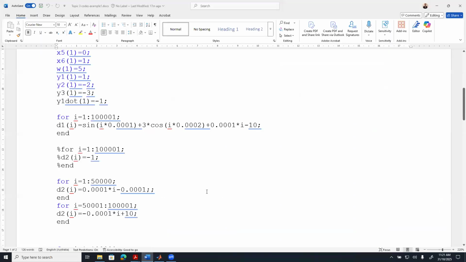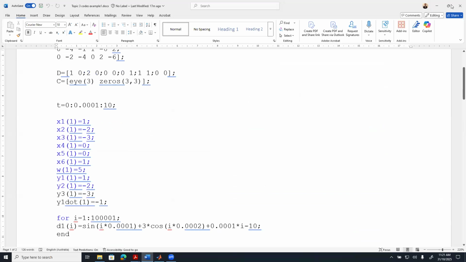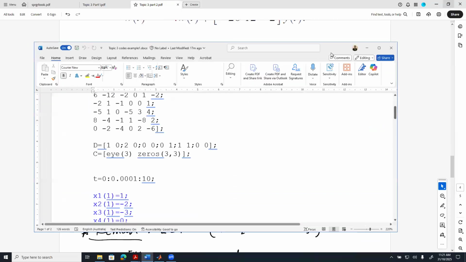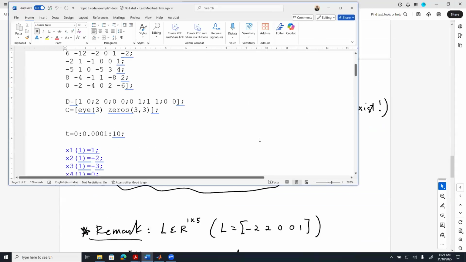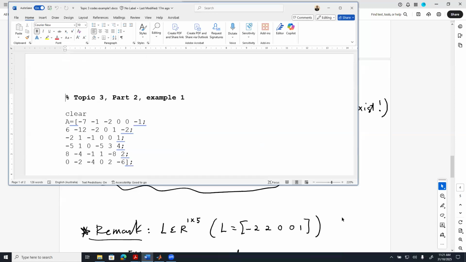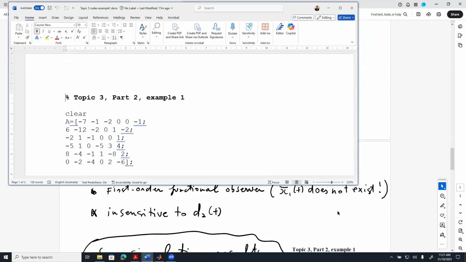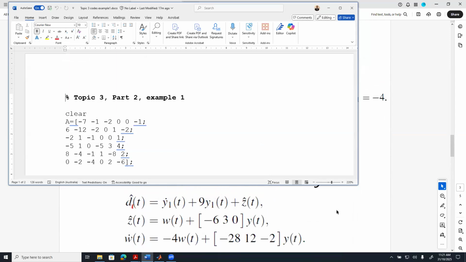What we have here are the simple codes for simulation of this unknown input observer.